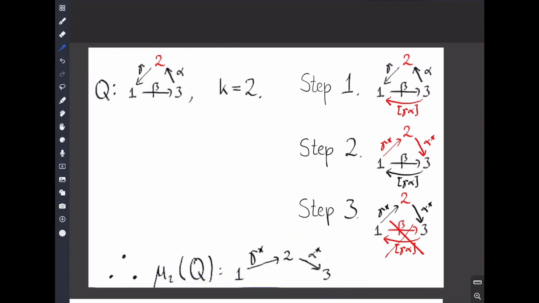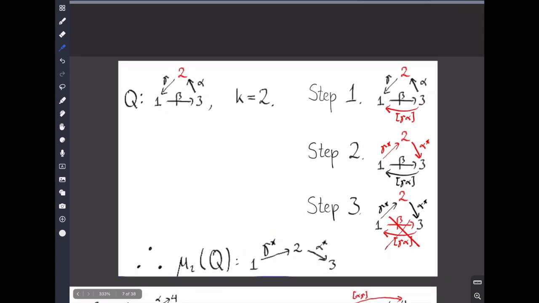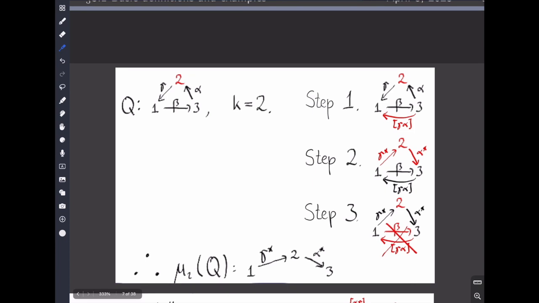Okay. Before going into the second example, what I want to stress is that the arrows incident to k in the end are actually the original arrows but reversed.